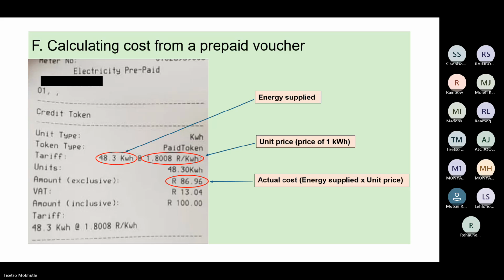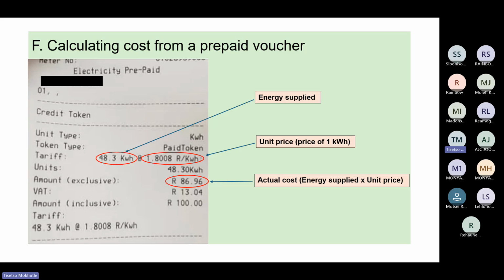Number one, there's always written kilowatt hour, and we know that kilowatt hour is the energy that is supplied by Eskom. It's 48.3 kilowatt hours. So they are selling energy to us, and then our electrical devices are going to use the energy that we bought. So they are supplying us with energy of 48.3 kilowatt hours.